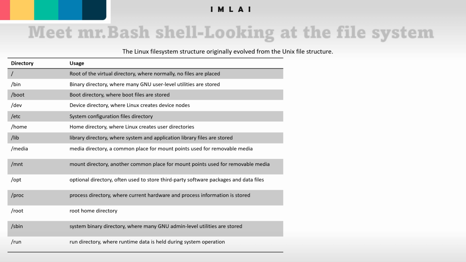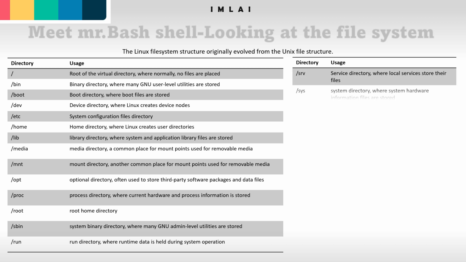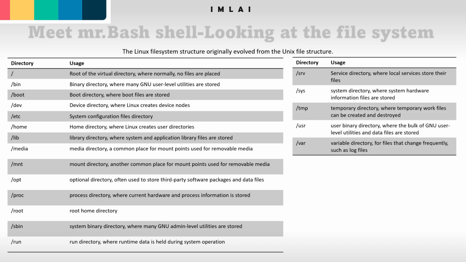If it consists of only forward slash, it's called the root of the virtual directory, where normally no files are placed. This is common irrespective of what type of distribution you are using. All these directories will be present inside your Linux system. The fundamental one is the root of the virtual directory, that is forward slash.